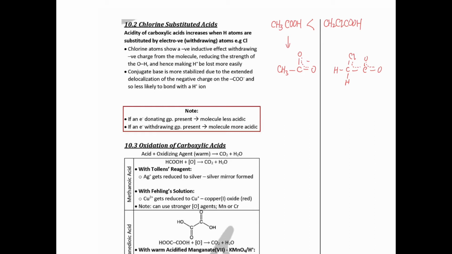Okay, so you can see the negative charge can delocalize to a bigger region. So the negative charge is more spread. Then if it's spread, then it's not so negative already.